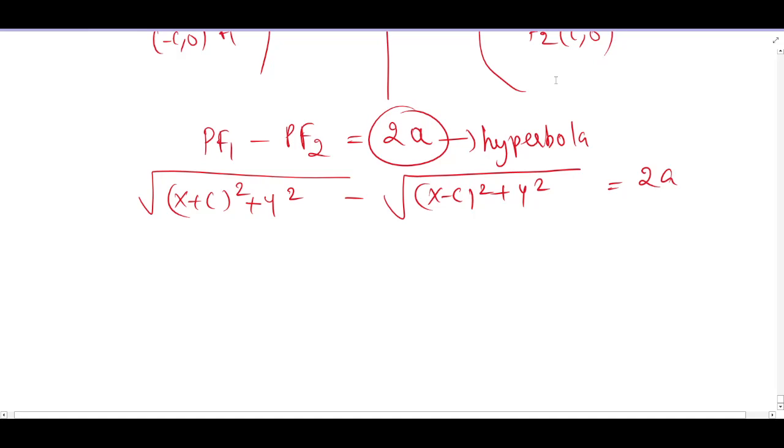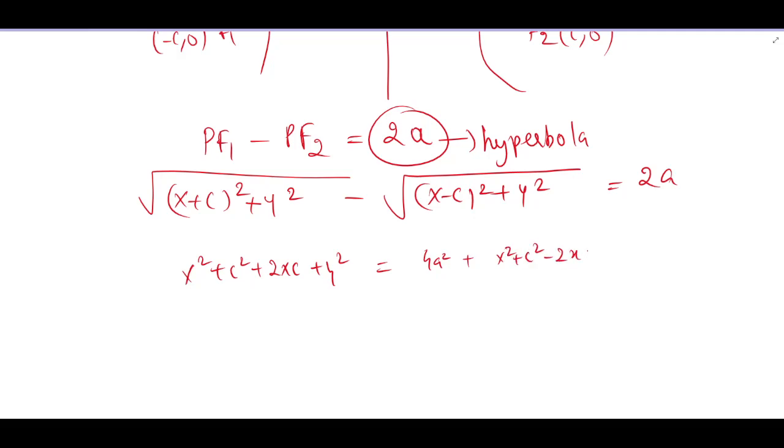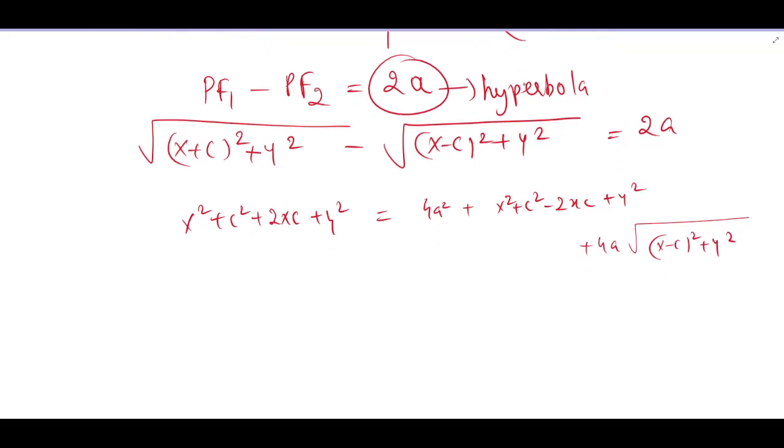So now x square plus c square plus 2xc plus y square is equal to 4a square plus x square plus c square minus 2xc plus y square plus 4a root of x minus c whole square plus y square.